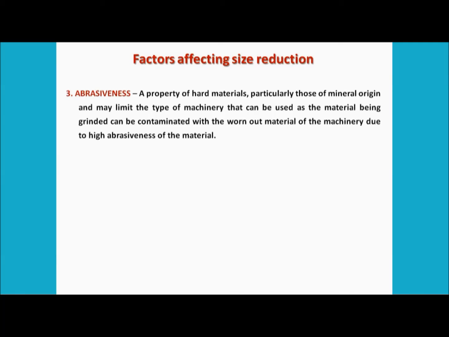Thus, after the grinding process, you may get the powder of the drug or the mineral as well as some powder from the machinery also. Maybe that may be steel or iron, whatever it is, right?